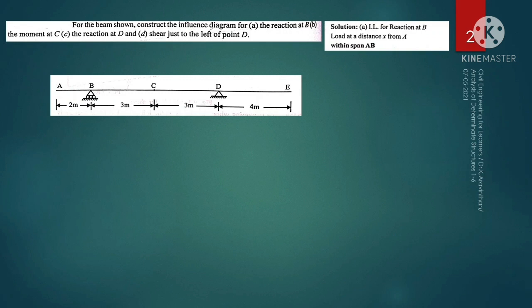So let us start the solution. First, influence line for reaction at B. Let us find the influence line for this support RB. This is a determinate structure. We know how to check: summation of R minus 3 equal to 0.